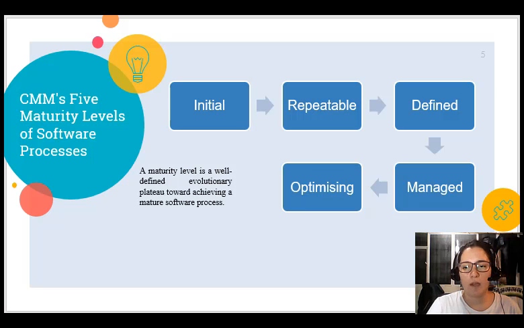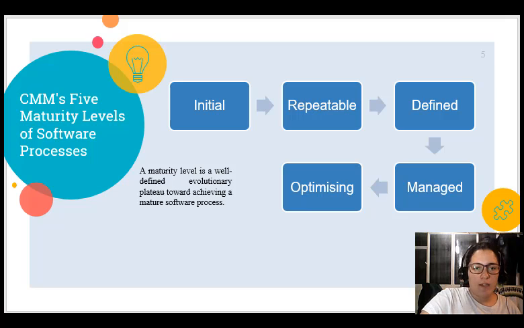The five software capability maturity levels are defined as: Initial, the software process is characterized as ad hoc and occasionally even chaotic. Few processes are defined and success depends on individual efforts. Repeatable, basic project management processes are established to track cost, schedule, and functionality.